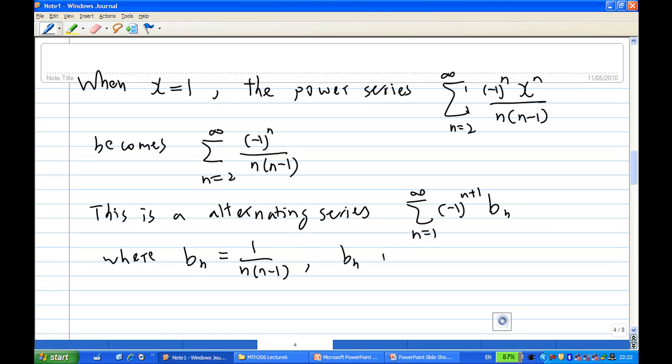We know that b_n is decreasing with n: as n increases, n times n minus 1 increases. Also b_n converges to 0.